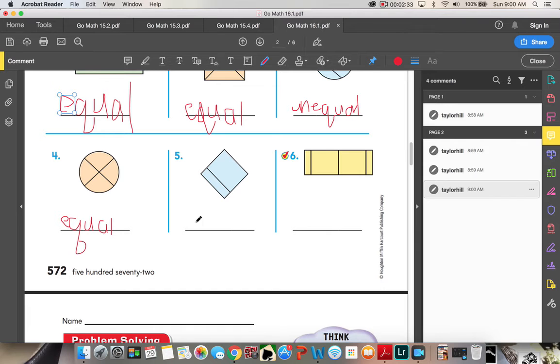All right, number 5. Looking at that square, is that divided equally or unequally? Are those pieces even? Is this piece right here equal to this piece right here? No, they are not, so they are unequal.